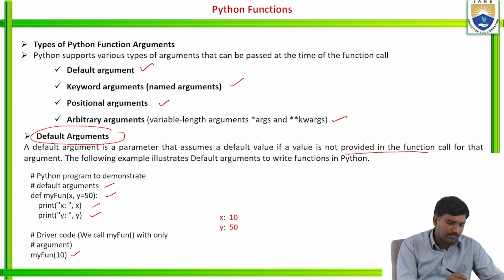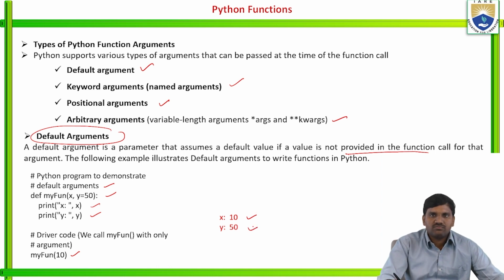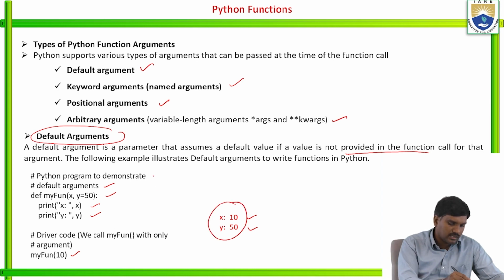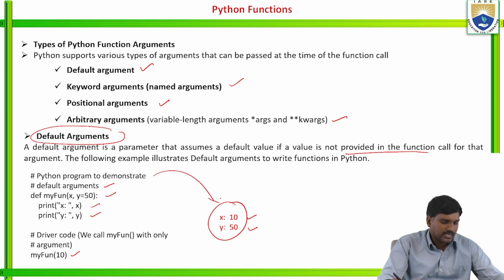The output will be 10 in place of x, and in place of y it will print the value 50. So these are the two outputs you may get from this default argument program: x is equal to 10, y is equal to 50. So this is about default arguments, as shown in the slide.